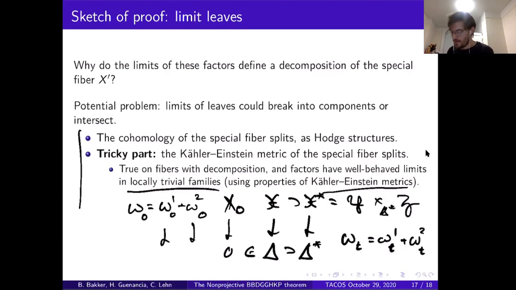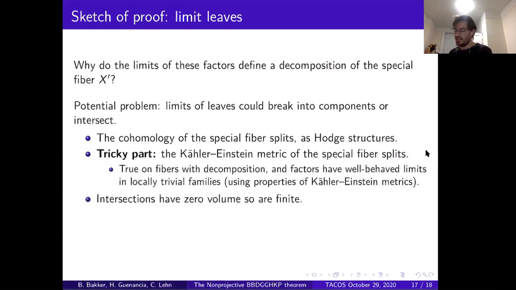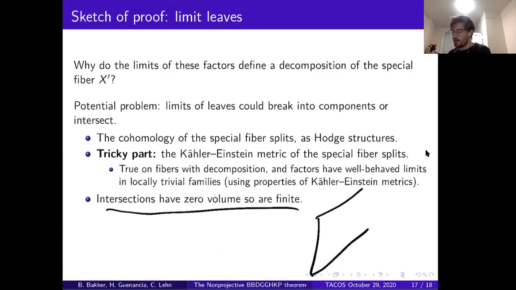Okay, so maybe it's not clear why we want this, but the point now is that we can show that intersections necessarily have zero volume. Why is that? Remember on the special fiber, I've now gotten a splitting of the Kähler-Einstein metric into two pieces.